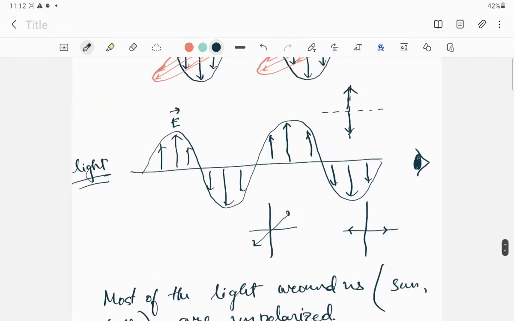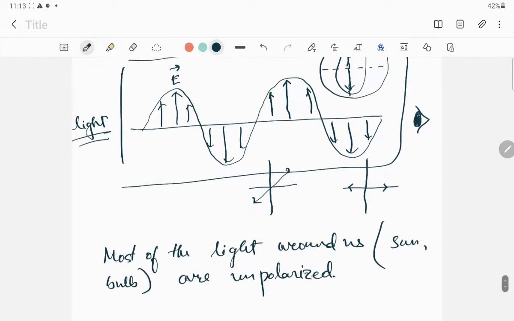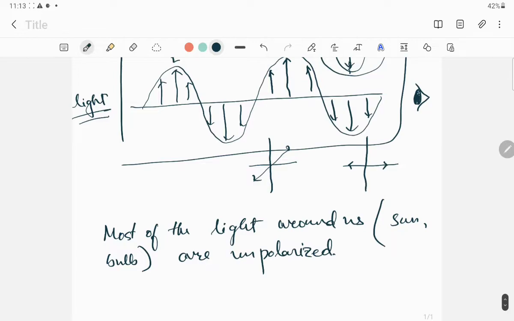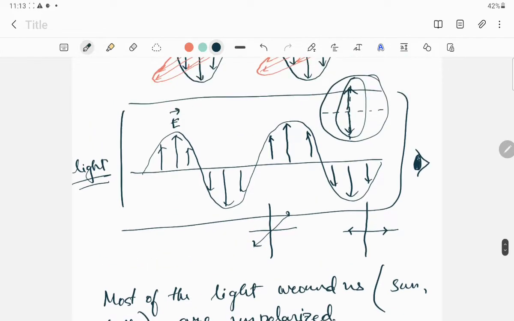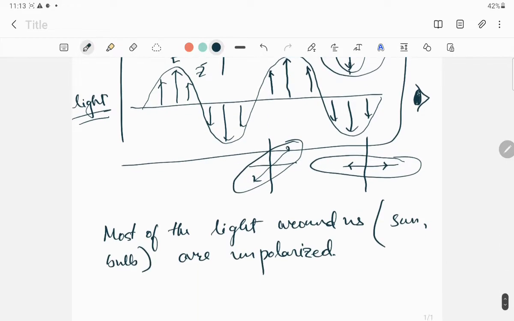Now we saw in this diagram that for the observer the electric field vector is oriented only along this direction. Then I told you that it is not the case that it will be oriented only along this direction. Say if I call this x, this y, and this z, sometimes it may be oriented horizontally also, and sometimes it may be oriented in this direction, that is the z direction.